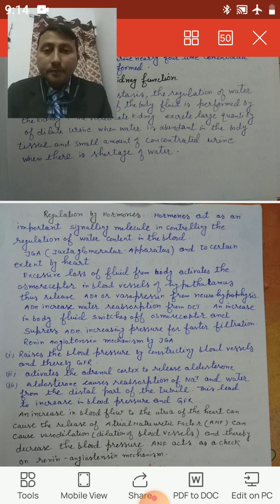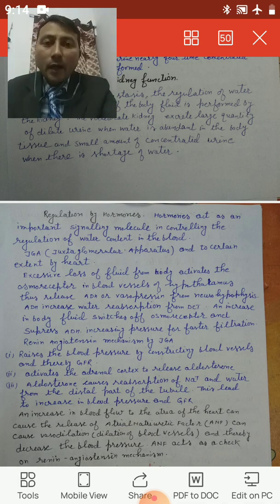When we talk about the vertebrate kidneys, they excrete a large quantity of dilute urine when water is abundant in the body, and they excrete a small amount of concentrated urine if there is a shortage of water. So here we will talk about how the kidney function is regulated by hormones.